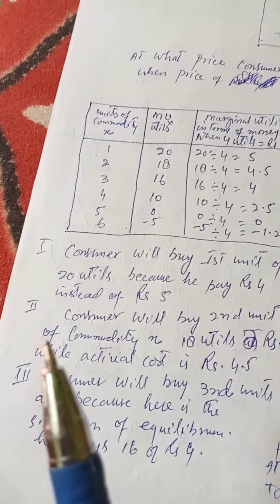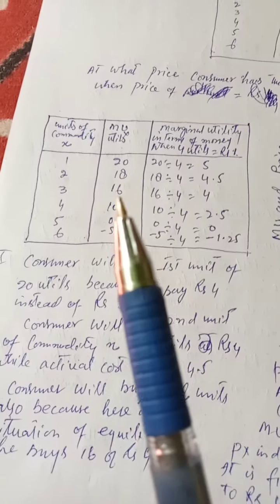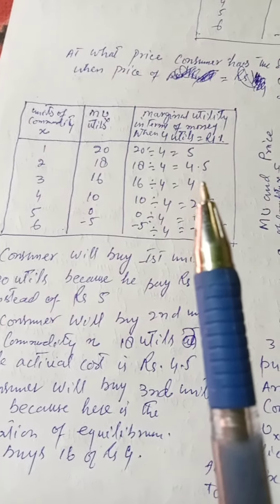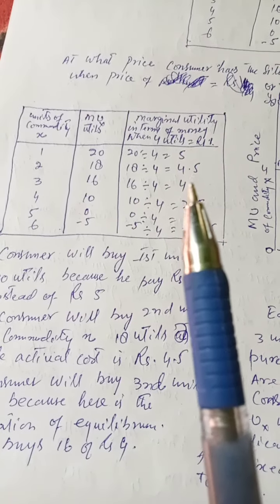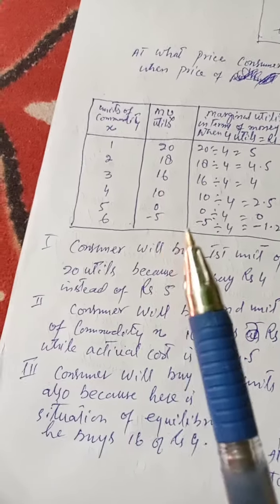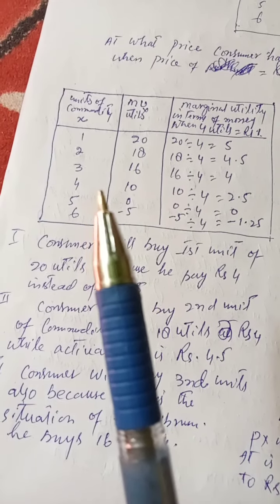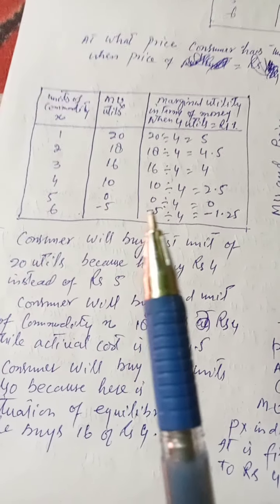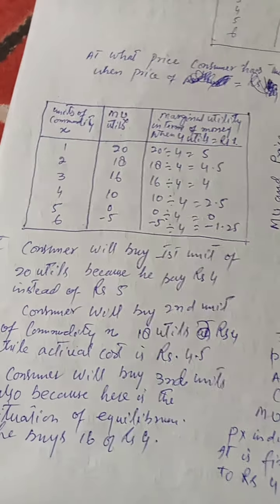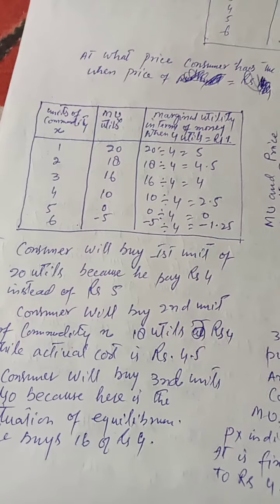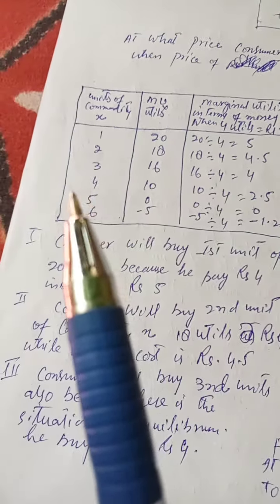Number second, when he takes the second unit of this commodity, here he has to pay rupees 4.5, but he pays rupees 4 only. So in the second case he will also buy the second unit. At the third unit he pays rupees 4, while the actual price of these utilities is also rupees 4. So here he will also buy this third unit.